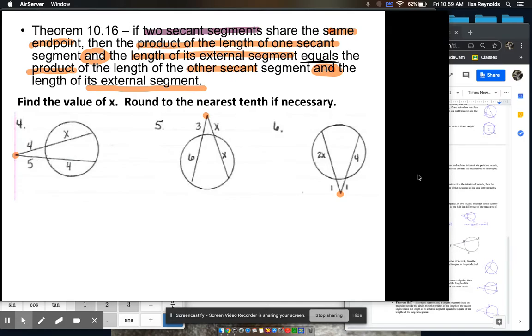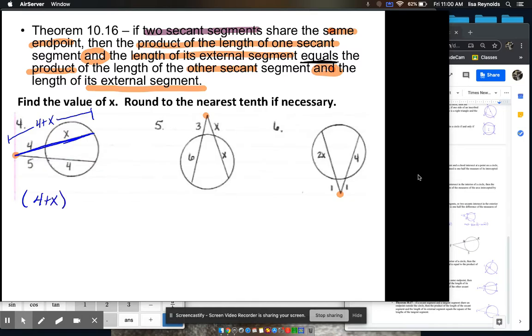So for each one, we're going to do a multiplication. So we're going to take the length of the entire secant. So remember to add the pieces, 4 plus x. And we have to put this in parentheses.